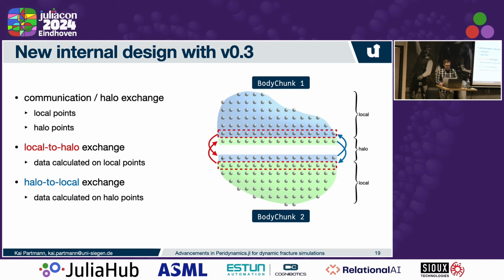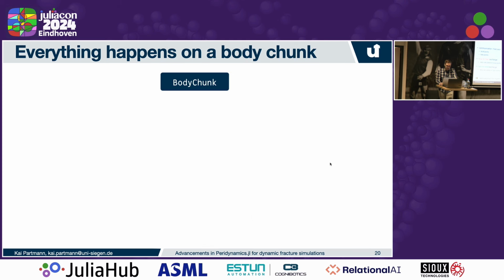And also the other way around, halo-to-local exchange: data that is calculated on the halo points, in the simulation the index j, has to be exchanged to the other local points of the other body chunk. So this needs communication, but the same approach is used for multithreading and MPI in our package.